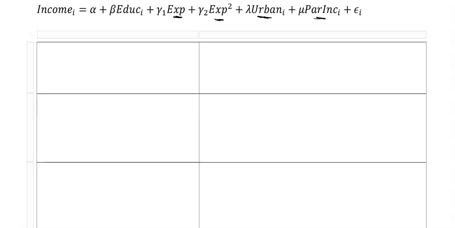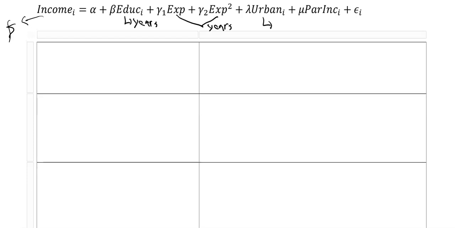Now, we're looking at this generic equation where we are studying how an individual's income, here we are measuring it in dollars, is affected by education. Now, education we are going to measure in years of education. Experience, both of them are again measured in years.